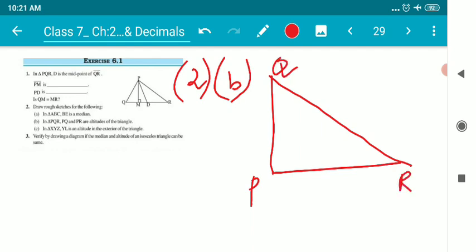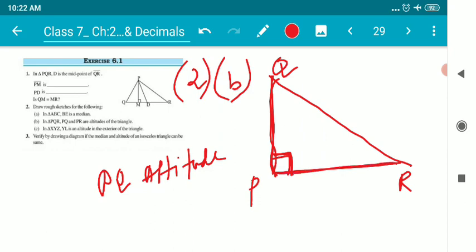So we can say PQ is the altitude of this triangle because PQ is falling absolutely at 90 degree, or vertically, on PR. Yes or no? Angle P is 90 degree, so PQ is forming 90 degree on PR. So PQ is an altitude. And here, PR is another altitude.